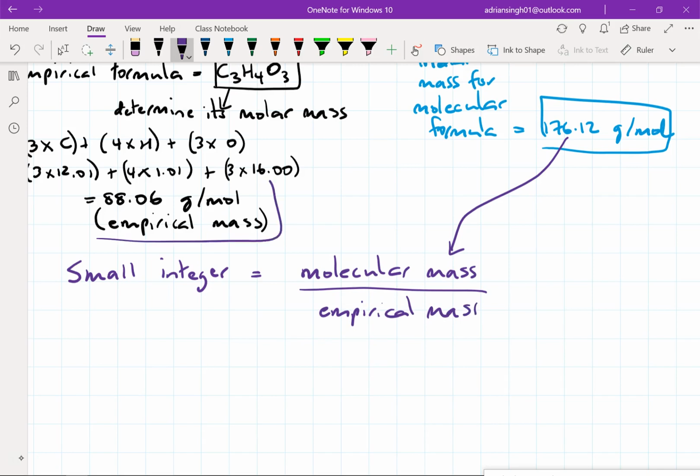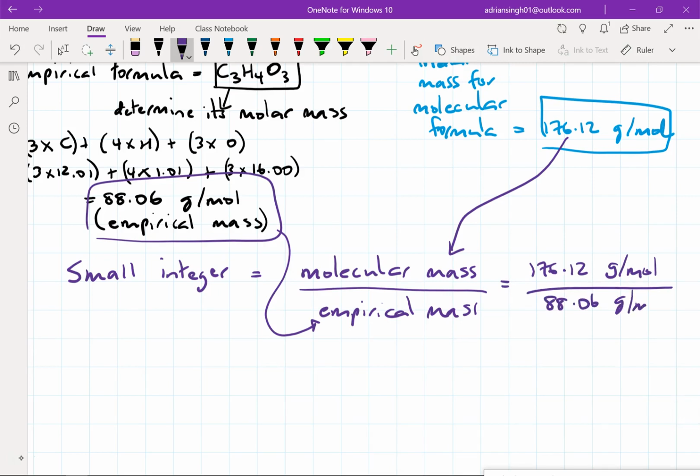We just substitute those: 176.12 divided by 88.06 grams per mole. Grams per mole go away, and if you divide those two, you'll see that it ends up being 2 as your small integer.